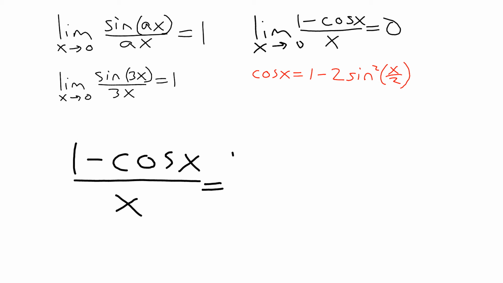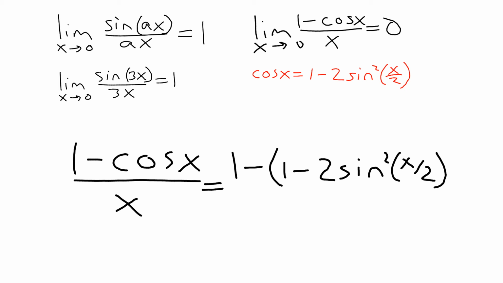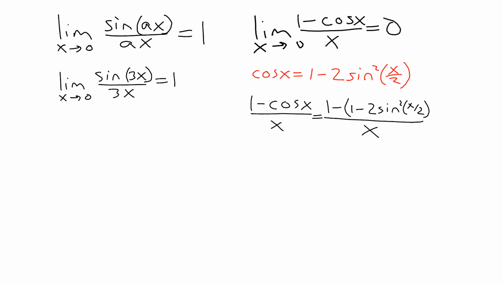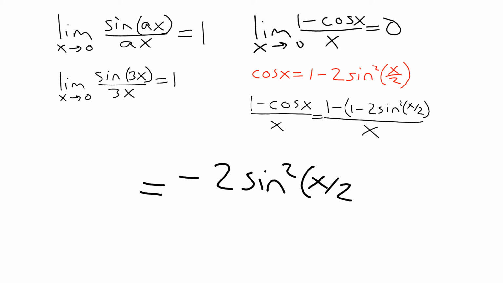So we have 1 minus the quantity 1 minus 2 sine squared x over 2, all over x. And notice that the 1's cancel, and so this is equal to negative 2 times sine squared of x over 2, all over x.